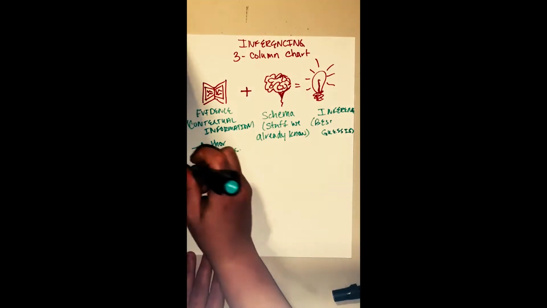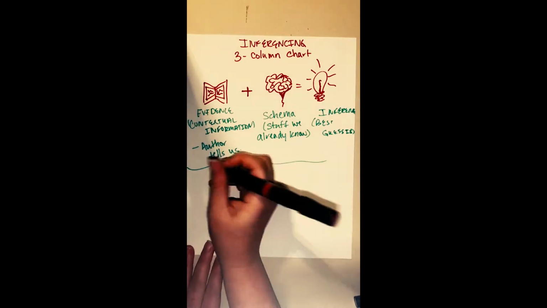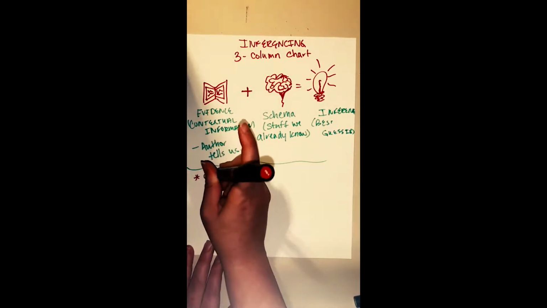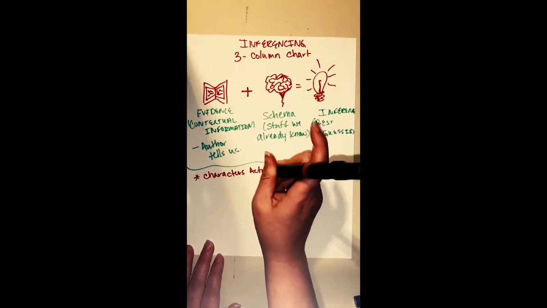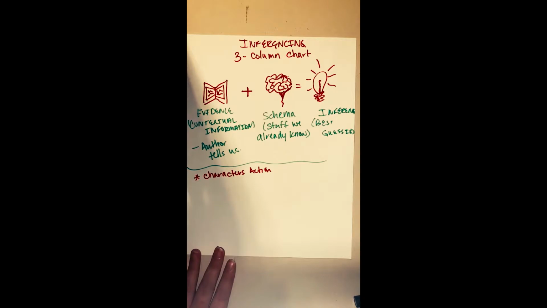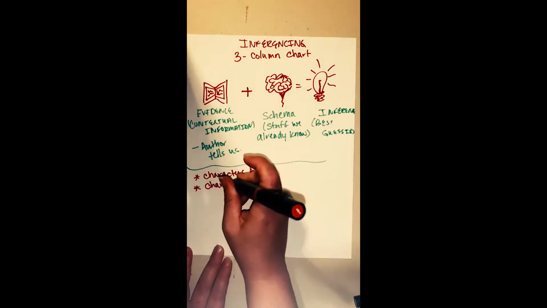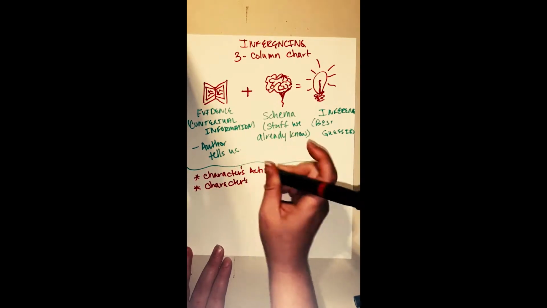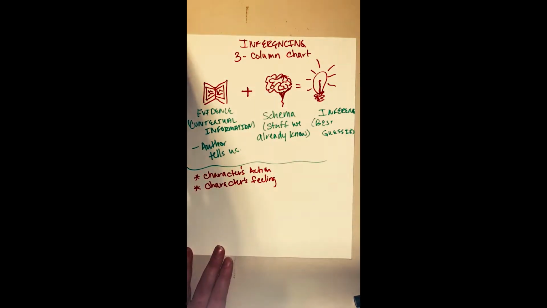The times that we will use the three-column approach in making inferences is really when we're trying to analyze a character's actions. So why is the character doing the things that they're doing? And we're trying to analyze the character's feelings. Why does the character feel the way that they feel? What is their emotional state?